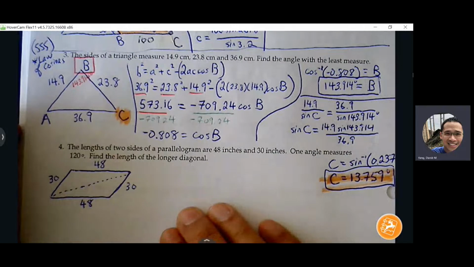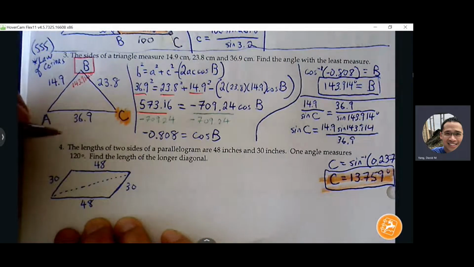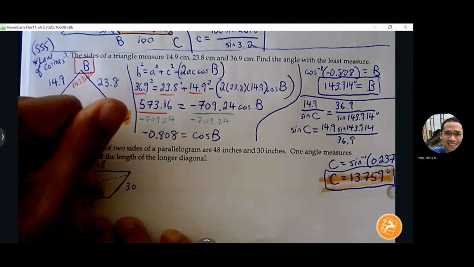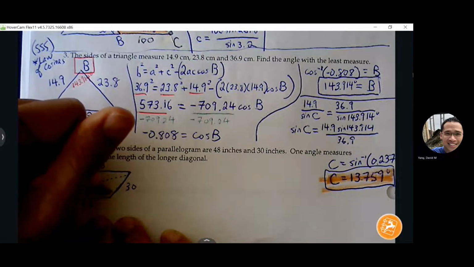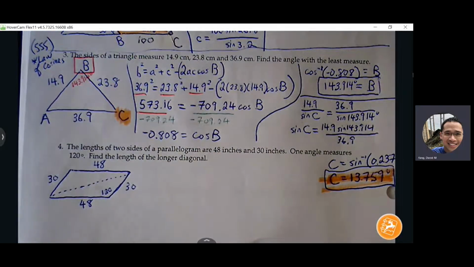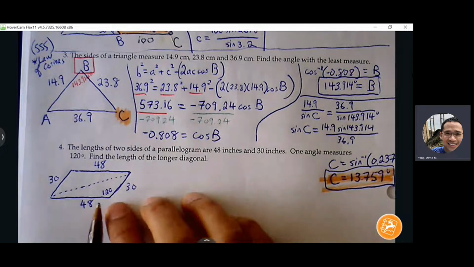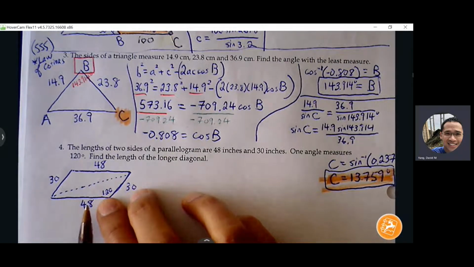it says one angle measures 120 degrees. Pick the one that looks like the obtuse angle here. Find the length of longer diagonal. So basically I have side angle side.